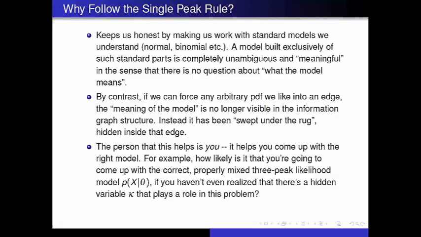I mean, why are there 3 peaks there? Because kappa has 3 possible values. If you didn't even realize kappa is important for this problem, how are you going to come up with those 3-peak model? And get the right weighting and all that stuff, right? So, follow the single peak rule. Questions about what I mean here or what I'm saying?